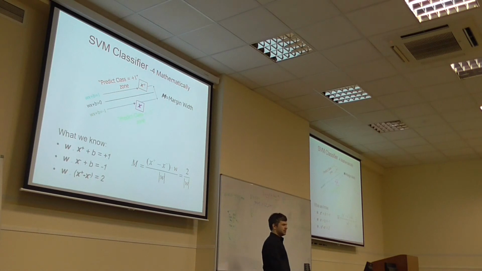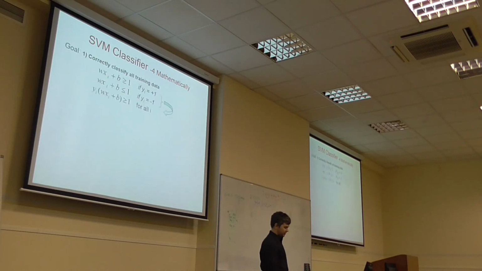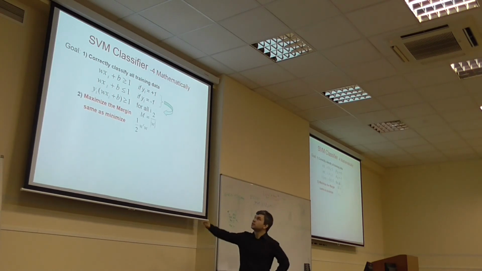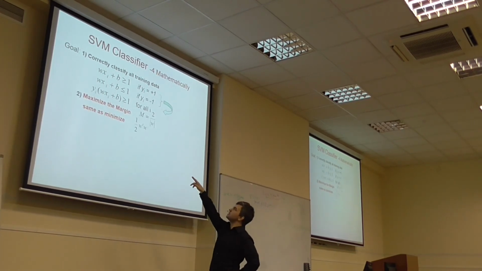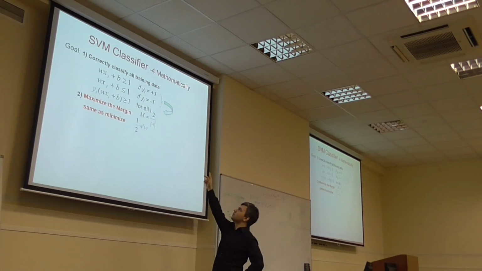Actually, you can go to Wikipedia or to the original SVM paper and really see the derivations, how it works. So correctly classified examples are in the first case, and for the second category, which is -1, in the second case. And we also have a constraint. It's like this. It's a linear constraint.